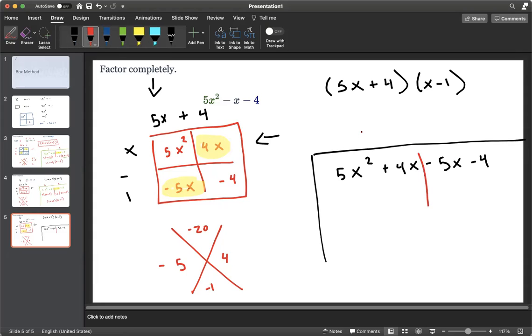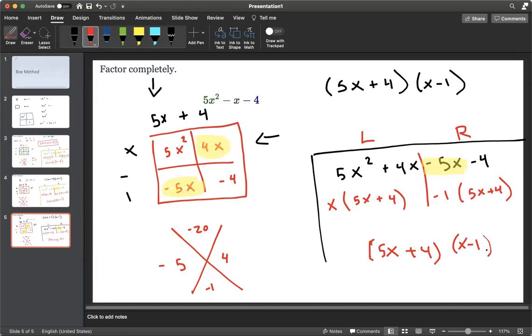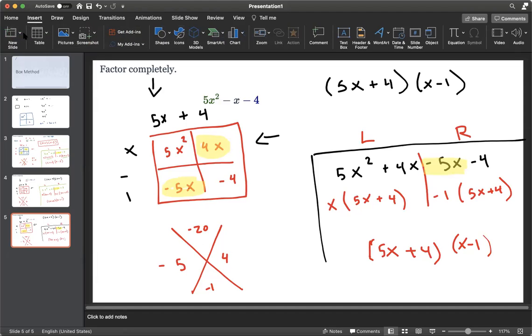We split these up into our left side and right side. And that is our factored form.